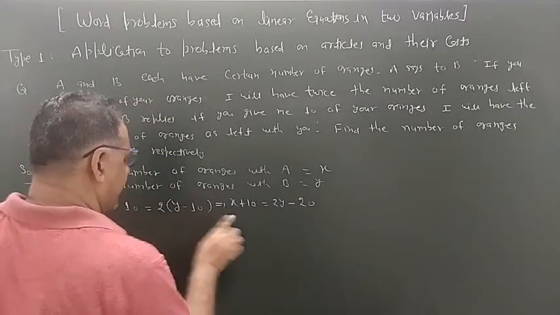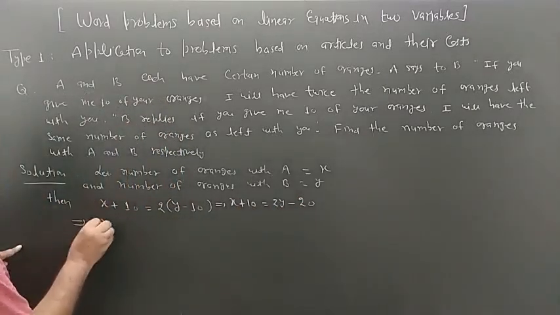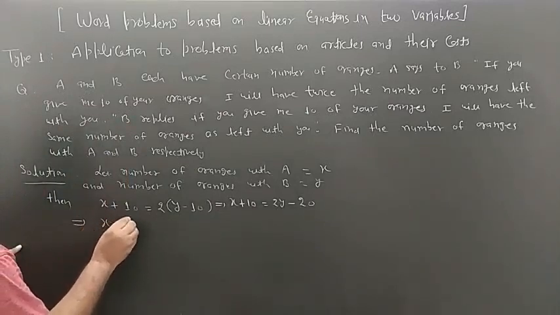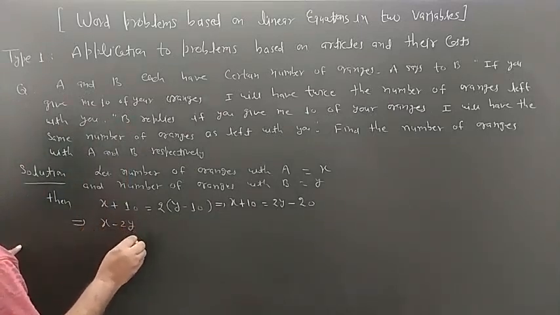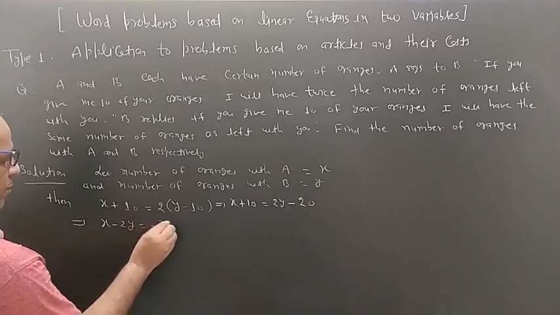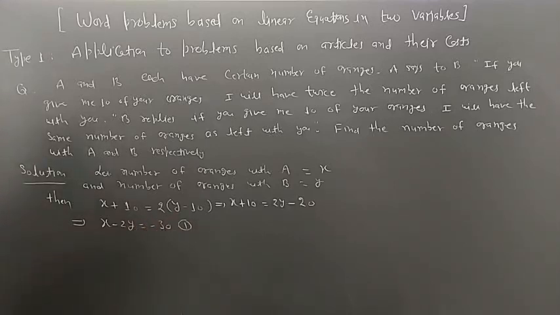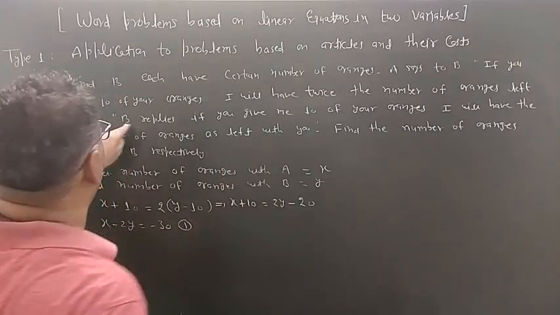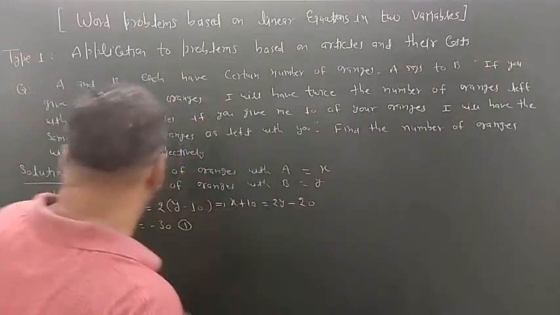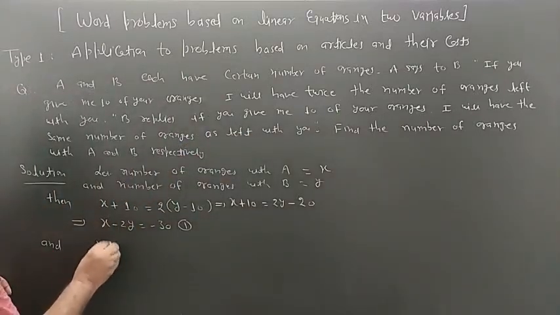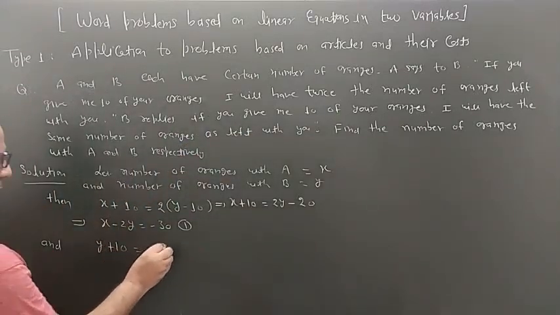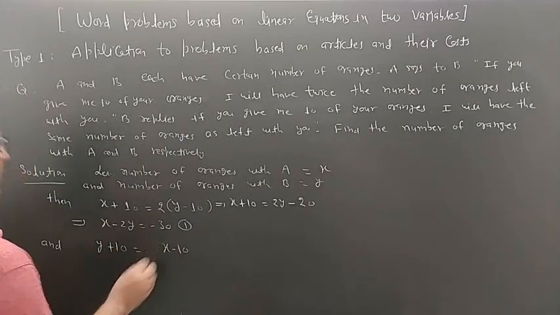That means X minus 2Y equal to minus 30. This is equation number first. Next statement. Now B replies, if you give me 10, so now B becomes Y plus 10, A becomes X minus 10.